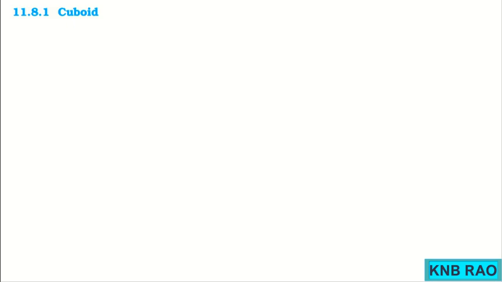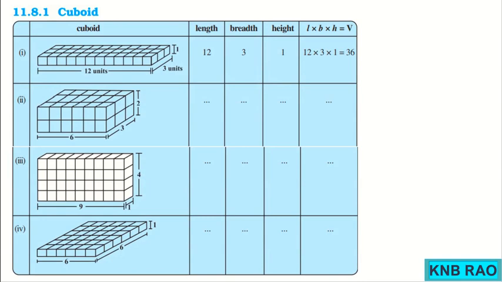Volume is counted as how many unit cubes are present in the given solid. The solid that I have considered is a cuboid, and I need to divide that given cuboid into the number of unit cubes. Let us take first this table.